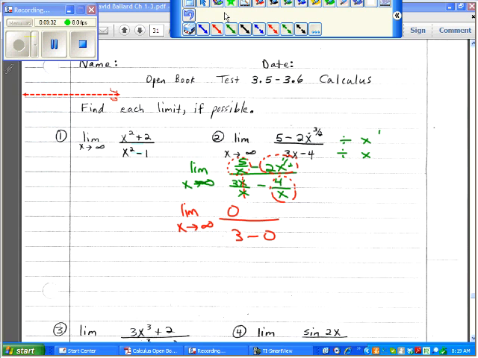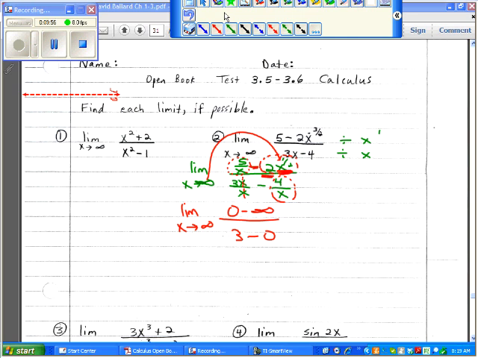Well, as x gets infinitely large, what's going to happen? As x gets infinitely large, my answer is going to get infinitely large. And if you take something infinitely large times 2, you have something infinitely large. But if you multiply it by a negative, you have something that is negatively infinitely large.